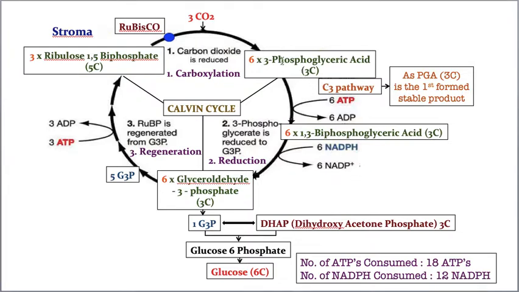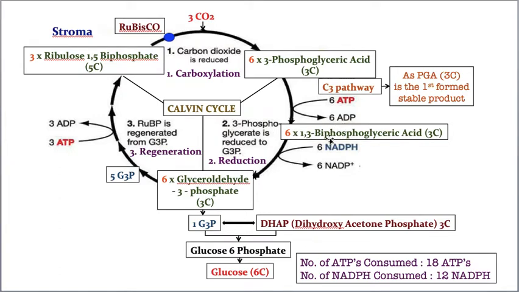First, every phosphoglyceric acid utilizes 1 ATP and produces a 1,3-bisphosphoglyceric acid molecule. Like that, 6 phosphoglyceric acid molecules, by utilizing 6 ATPs, produce 6 1,3-bisphosphoglyceric acids.